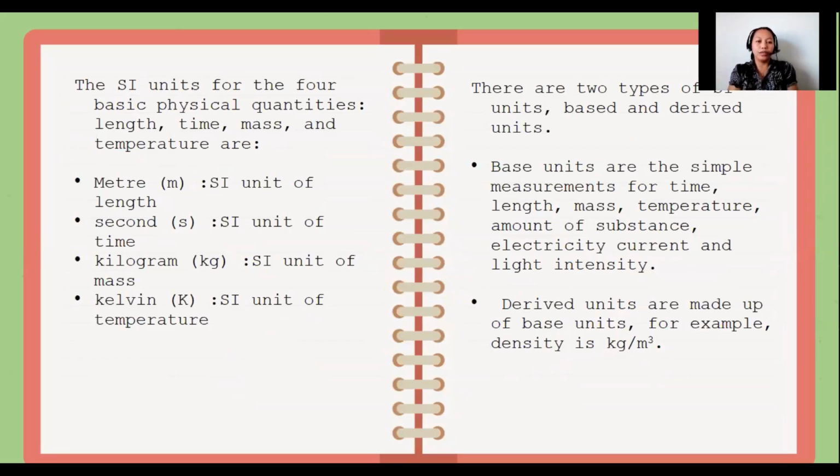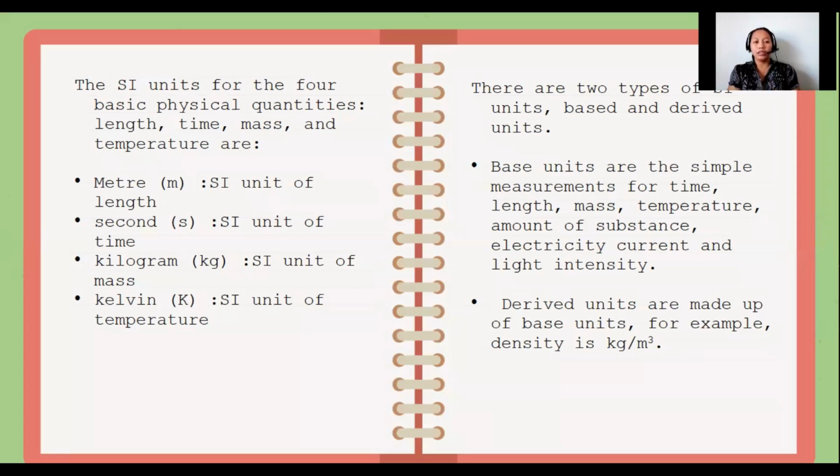So the SI units of the four basic physical quantities that we have, length, time, mass, and temperature. Their corresponding SI units are meter for length, second for time, kilogram for mass, Kelvin for temperature.